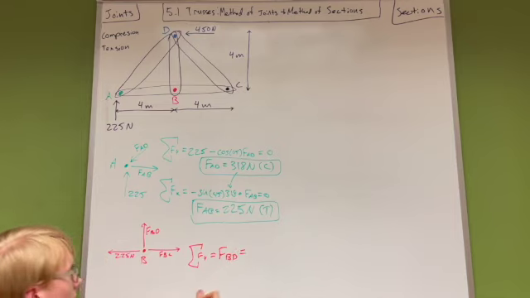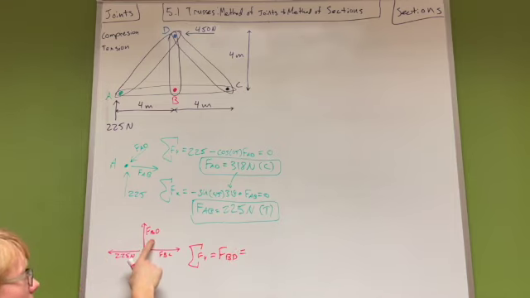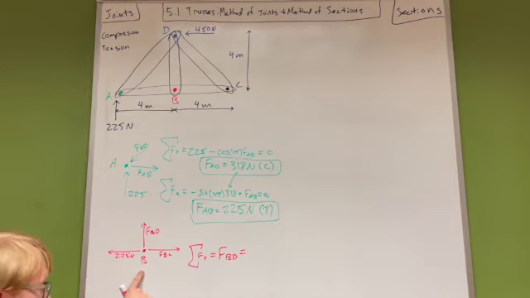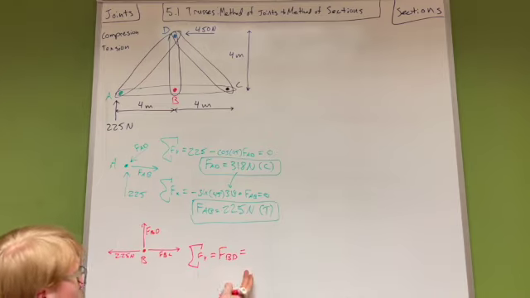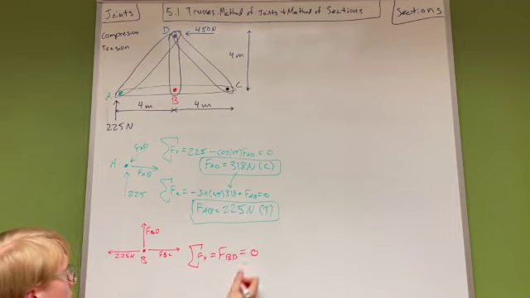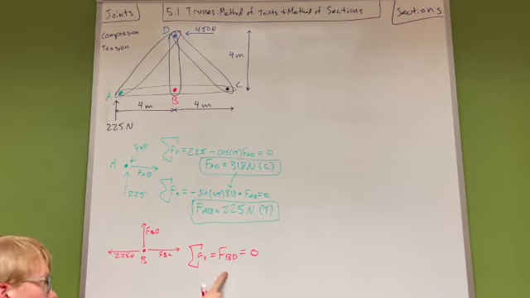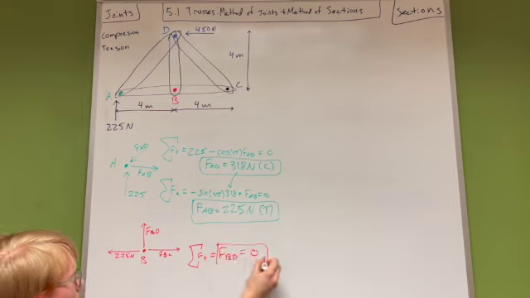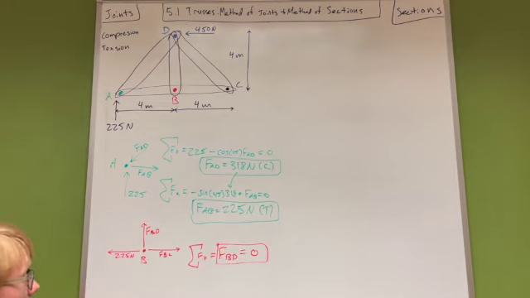And we know that it's in equilibrium, right? It's not moving. So the sum of the forces in the y direction is equal to 0. That means FBD is 0, because it's the only one in the y direction in our free body diagram. So that one's pretty simple.